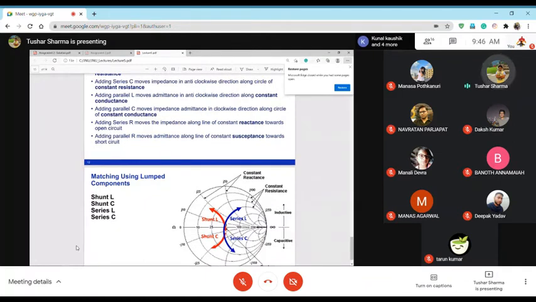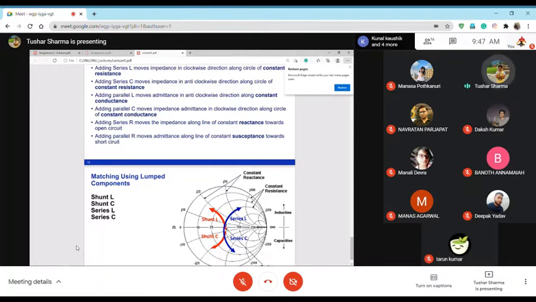If I add a series inductance, what is the impedance of a series L? XL is equal to j omega L, which means it is a positive reactance. If I add series L, I have my R fixed, and I'm just changing the j omega L term.